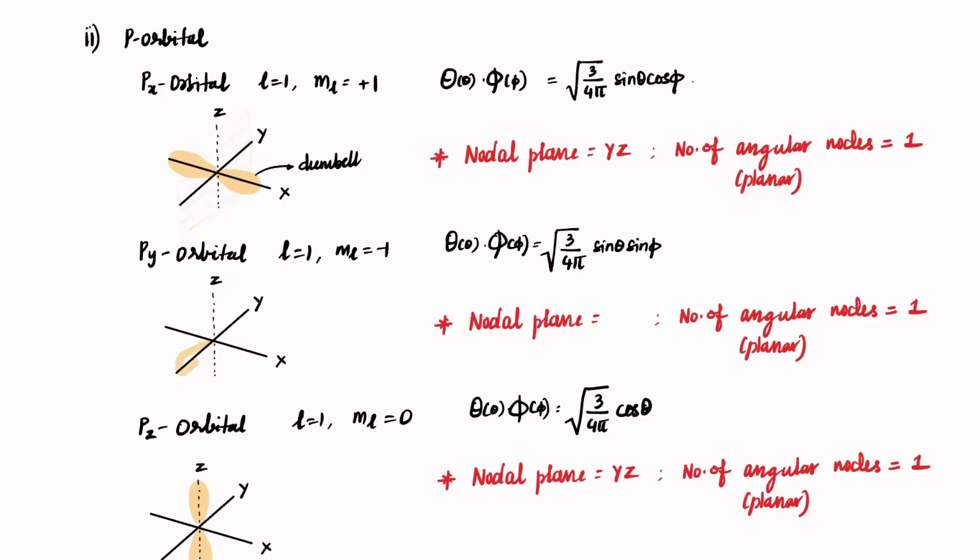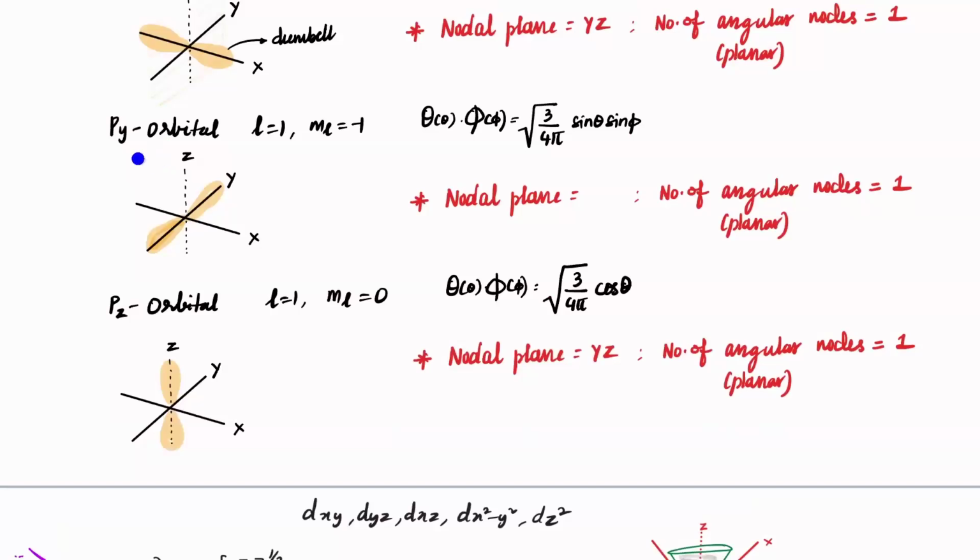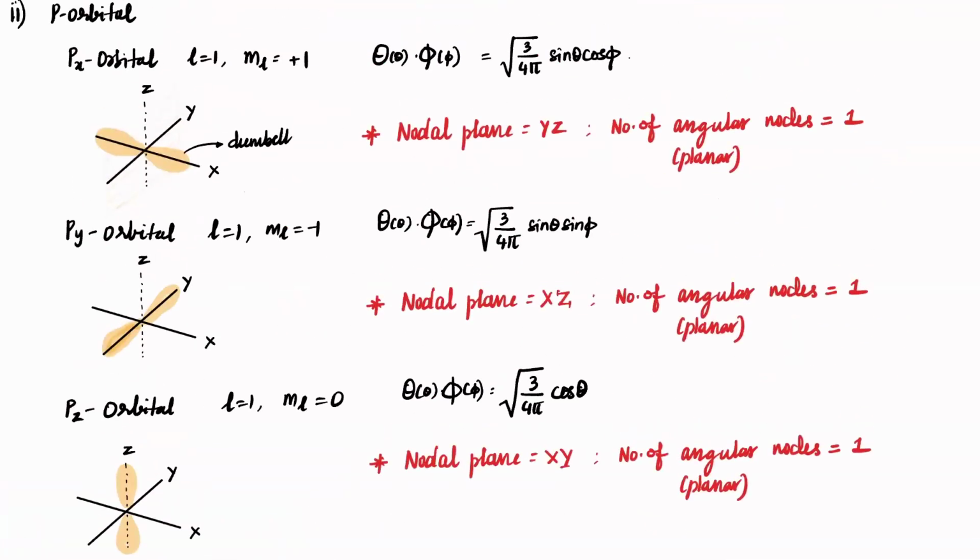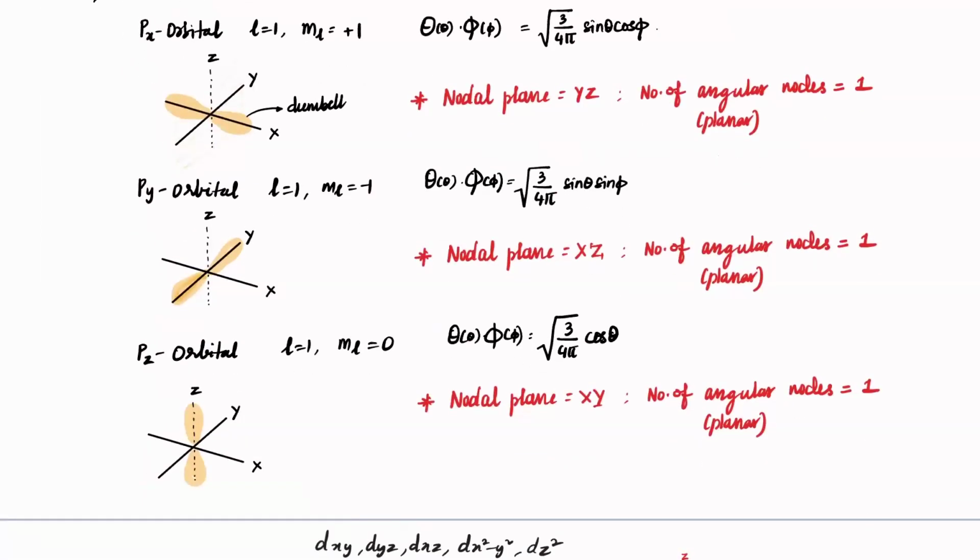Py was like this. If this is py, you can see x and z. This is the plane on which electrons are not found, so this is the xz plane. And when it comes to the last one, the nodal plane is the xy plane. So the number of nodes is only one in all these cases. Whether it is px, py, pz, you get one angular or planar node. Everybody clear? Yes, sir.